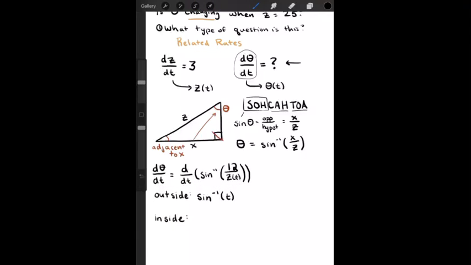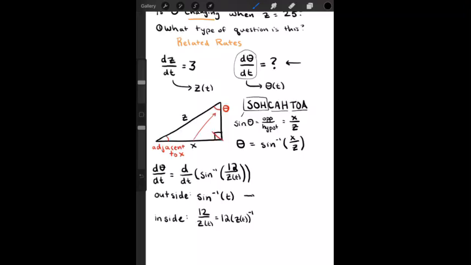Yeah, 12 over z. And I'm going to rewrite it just a little bit to make our next step easier.